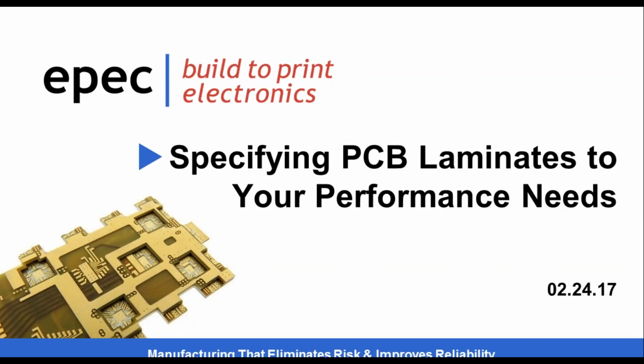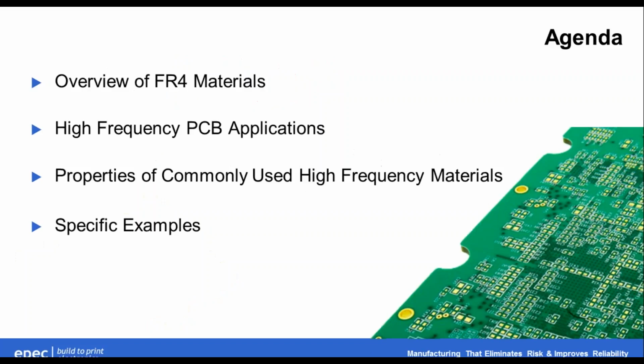Okay, thanks, Keith. Yes, today we'll be going over how to choose and specify your PCB laminates according to the performance needs of your PCB designs. The agenda will cover just a basic overview of how to call out FR4 materials, which a lot of you, I'm sure, already know, but it's always good to review.